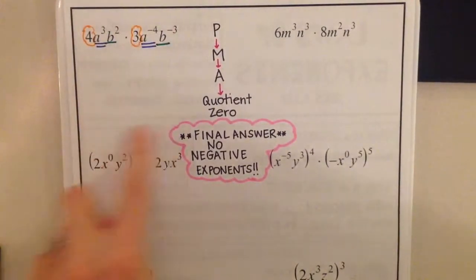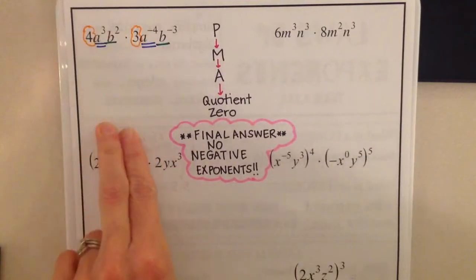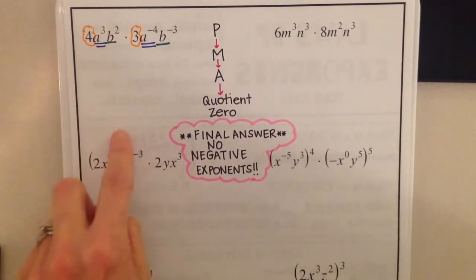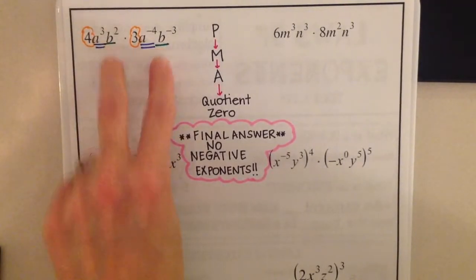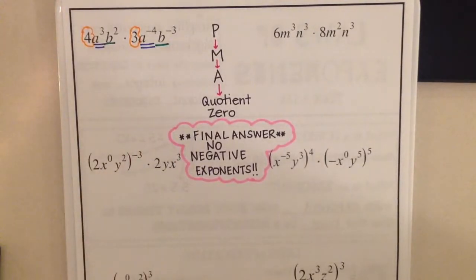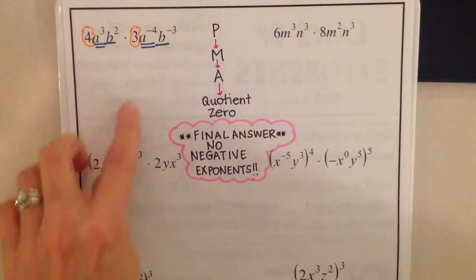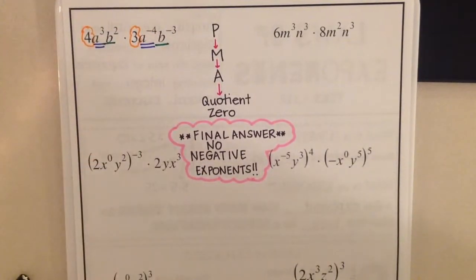My goal when I simplify this is to get my two numbers that are my bases down to a single number. The two A's, write them as a single base of A with a single exponent, and then take my two bases of B and write them as one single base of B with one single exponent number. Okay, so I don't want to see two A's, I don't want to see two B's, I only want to see one A, one B, both with their own exponent at the very end.